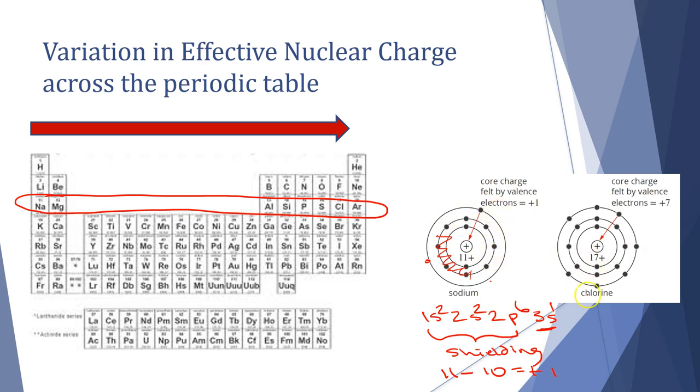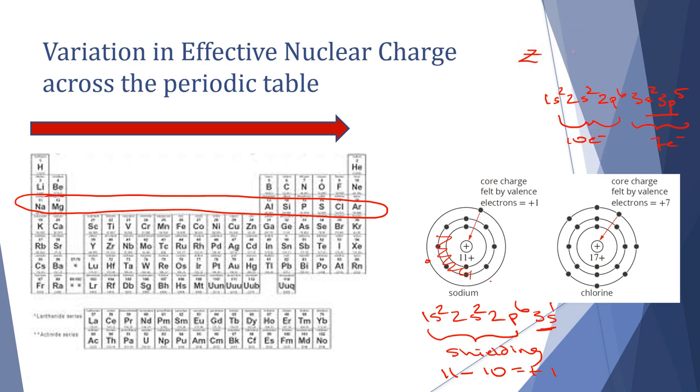So that by the time we hit chlorine, we're now at 17, 1s2, 2s2, 2p6, 3s2, 3p5. We now have 3 as our valence shell. There are 7 electrons in my valence shell. I have 10 electrons that are between my valence shell and my nucleus.